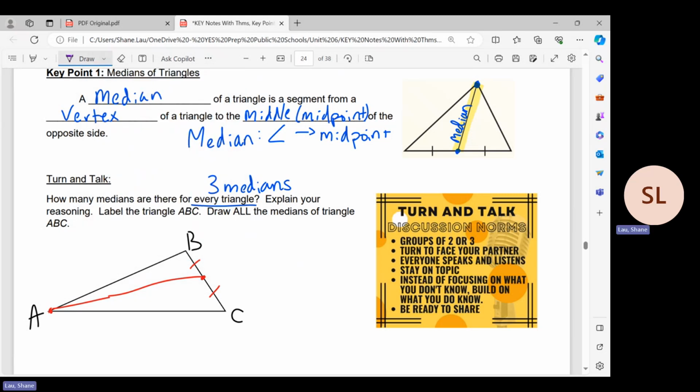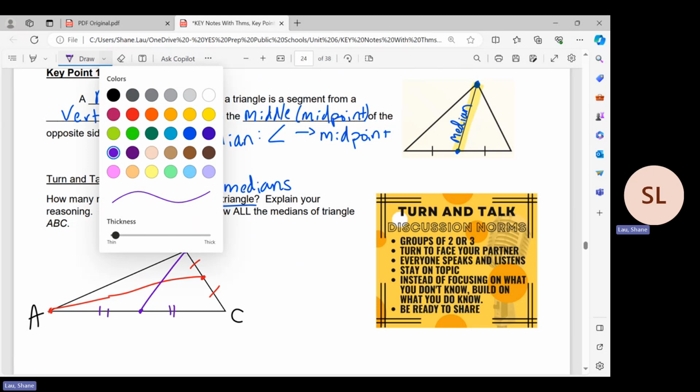Next, if we look at B, angle B has a median. We have to find the opposite side. We only have A and B and A and C left as our options. Well, A and B doesn't really make sense. So it only makes sense to say that A and C must be the median. And of course, I'm not entirely measuring out exactly what the median is, but the understood idea is that this is about where the median is, and we know that this is going to be congruent for both of those segments.